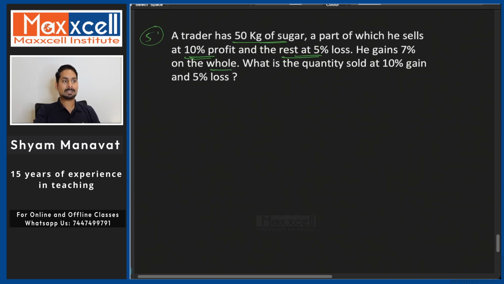What is the quantity he sold at 10% gain? This is the 10% gain, and the other is 5% loss. So we need to find out both quantities. So 50 kg is divided into two parts. Let's say x kg is going for 10% profit, and the rest is 50 minus x.